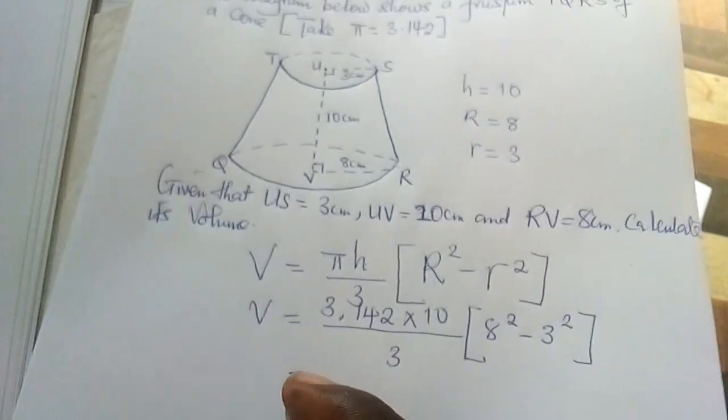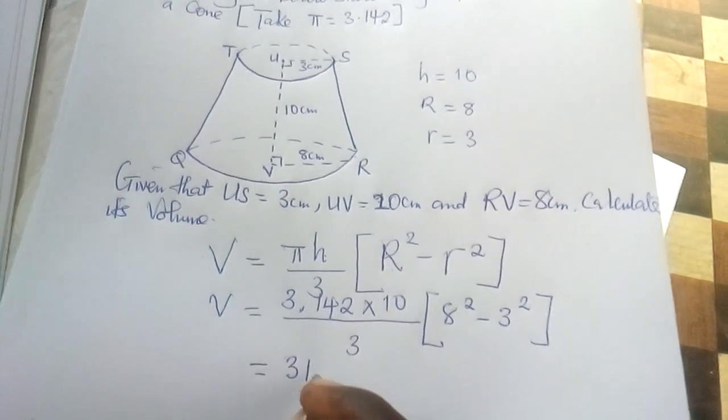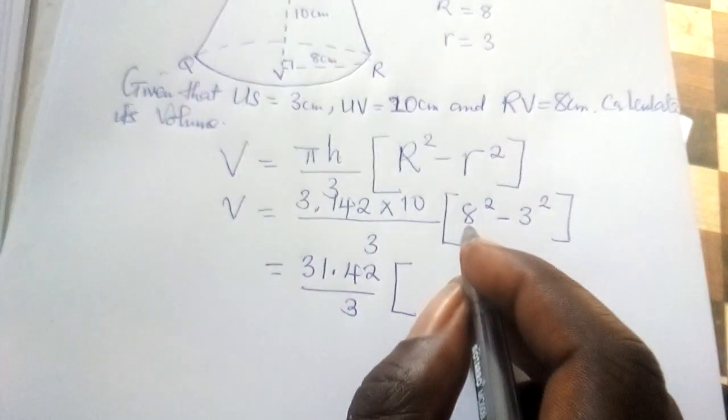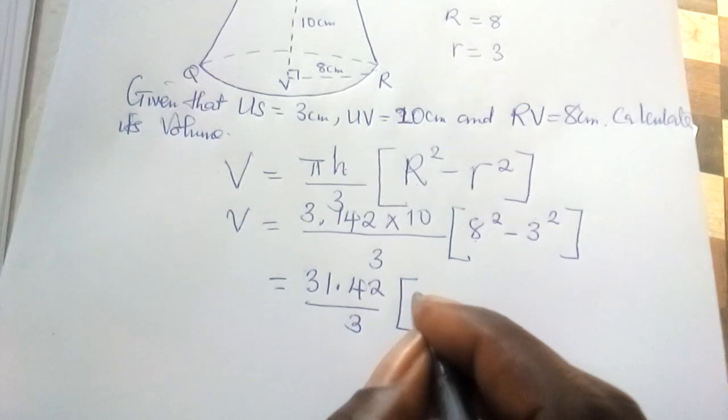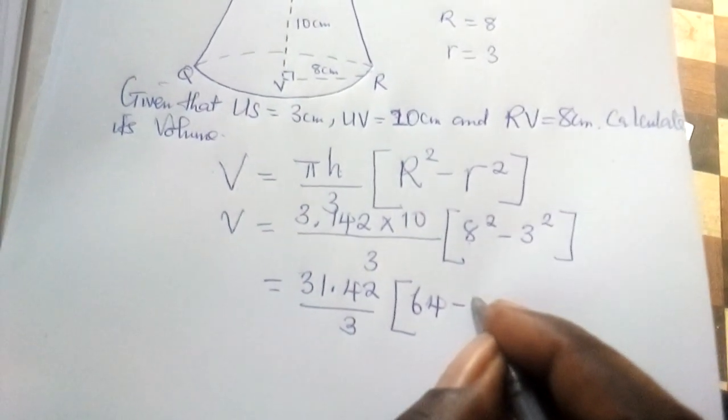When you multiply 3.142 times 10, what you get is 31.42. Then divide by 3. Then 8 squared gives you 64, minus 3 squared, which gives you 9.